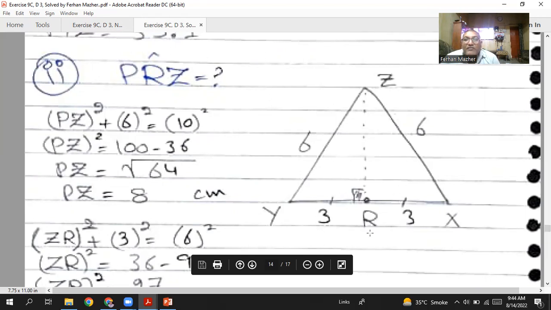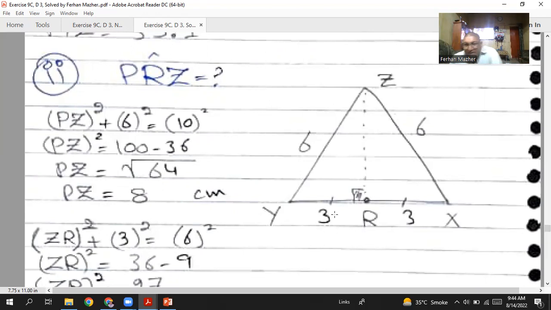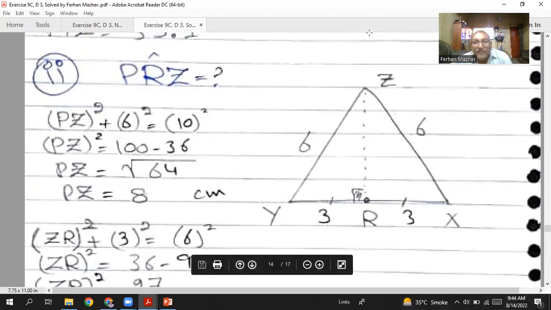This happens in the isosceles triangle and in the case of the equilateral triangle. So this side will be 3, this side will be 3. So I can apply Pythagoras and find the length of RZ.